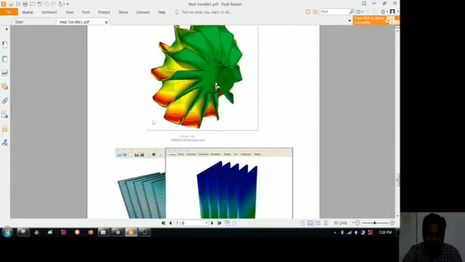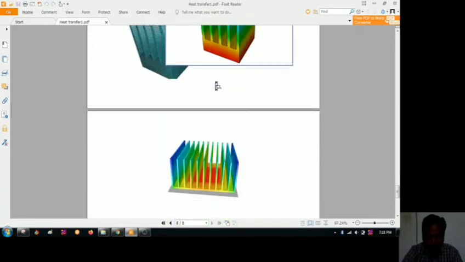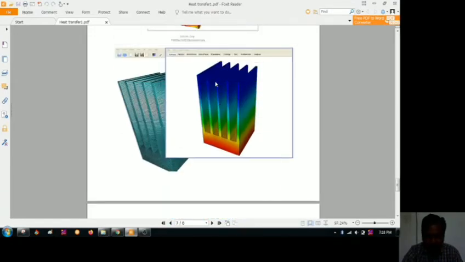One more active problem we are seeing here is pin fins. These pin fins are an extended surface from some body. Say the heat source is an IC engine.